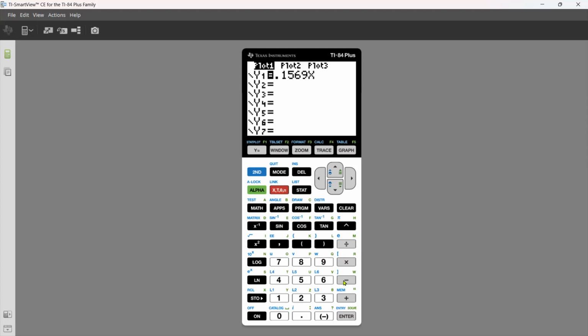The big minus, not the toggle minus down by the enter key, but the minus next to 6. Use the big minus because you're actually subtracting this time. And you get 0.2992. That's my equation.